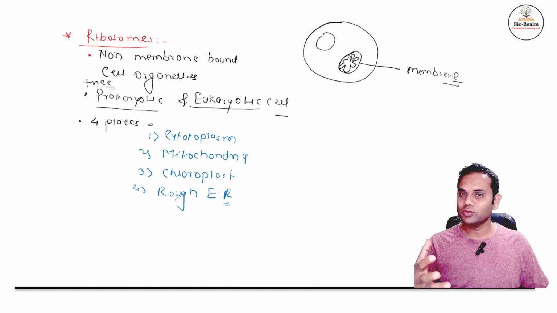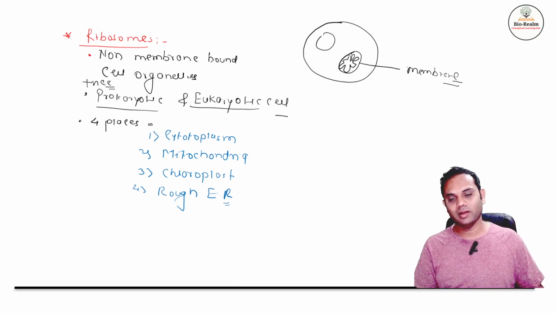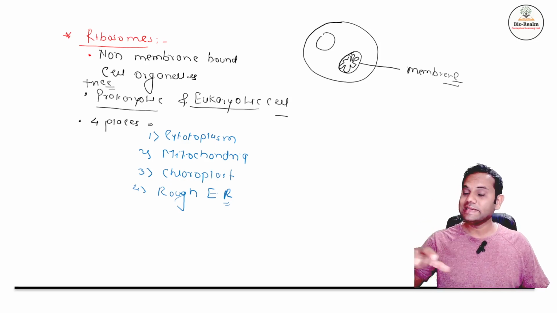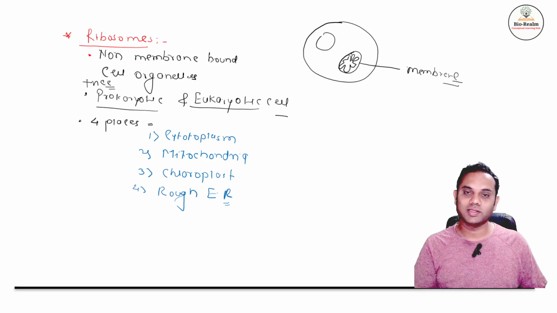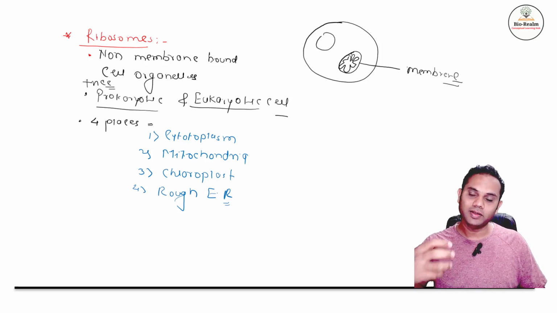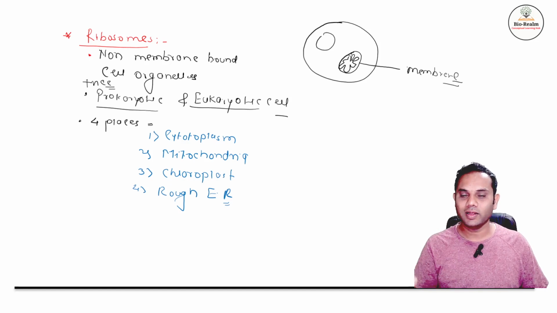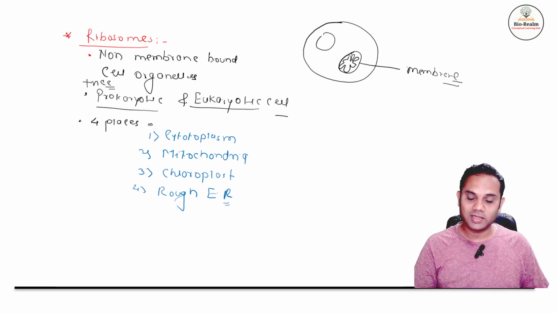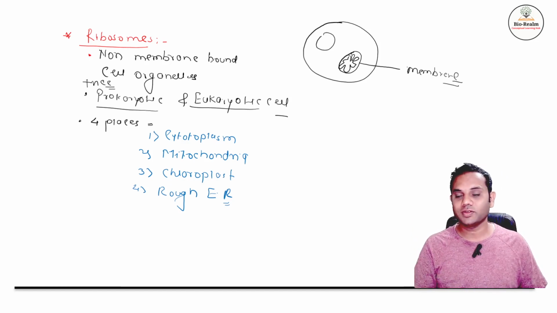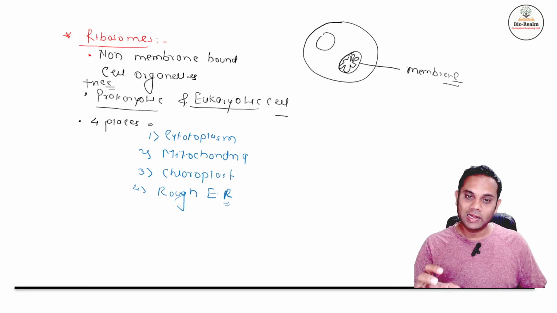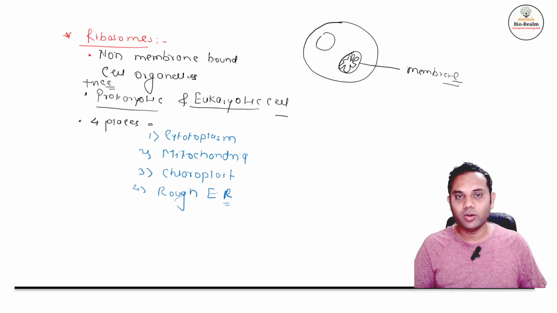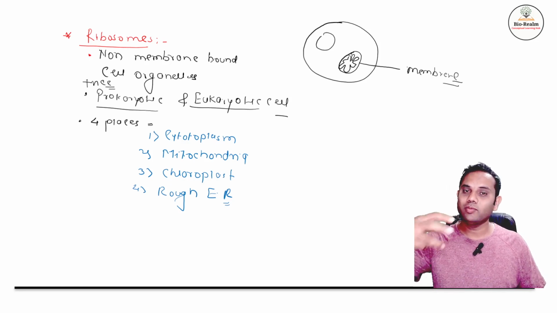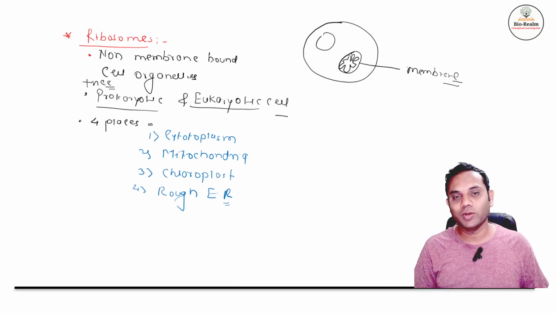So why is ribosome present there? The reason is that it is involved in the process of protein synthesis. Somewhere else, you will come to know that mitochondria and chloroplast are called semi-autonomous organelles, because they have their own DNA molecule, which will synthesize the protein.